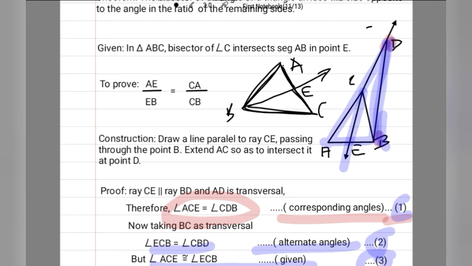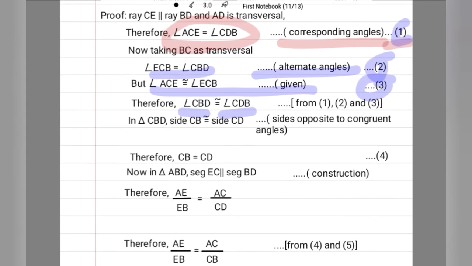Then according to the BPT theorem which we learned just now, what we get is AC upon CD is equal to AE upon EB, right? So AE upon EB is equal to AC upon CD.